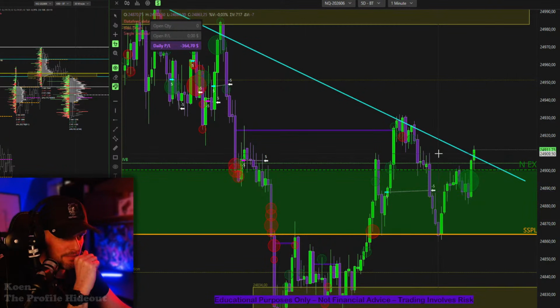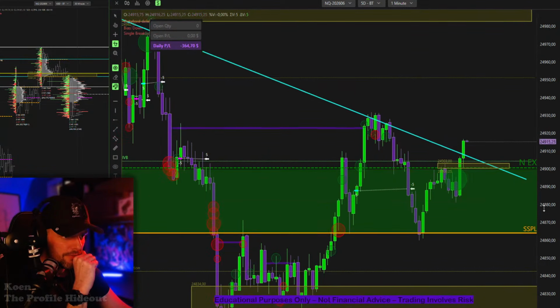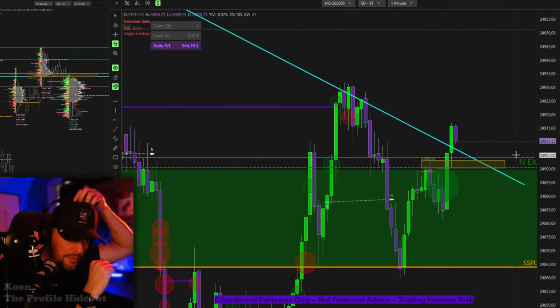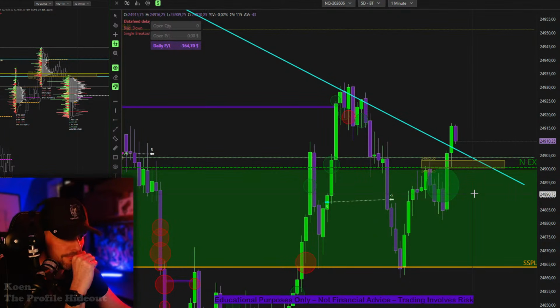Was trying to catch it on a rebalance. Just should have put it on that prior swing instead of down low here, like that area. It's not that much of a difference, but it's a lot at the same time.